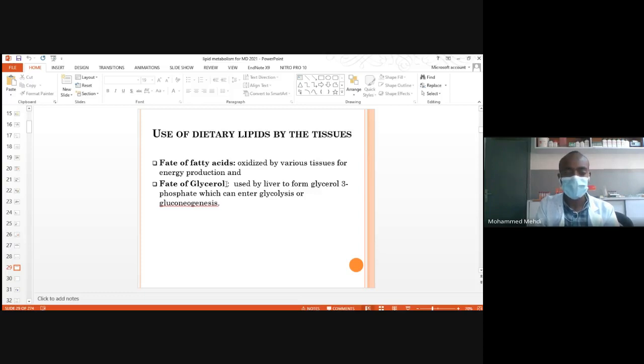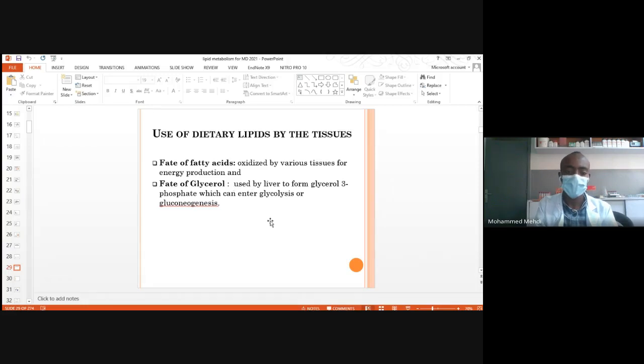Gluconeogenesis and glycolysis are simple reversals, except for some reactions. Out of the 10 reactions, 3 are irreversible. The remaining 7 are reversible, so we can use those reversible reactions during glucose synthesis.